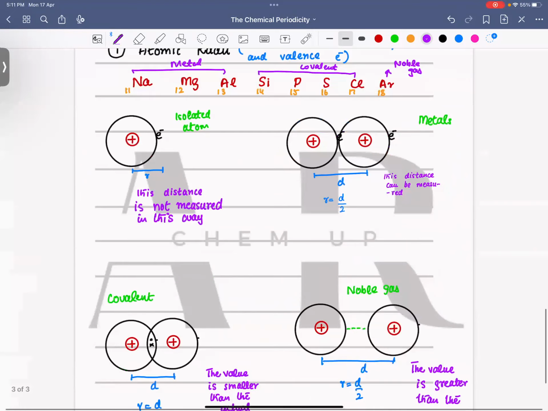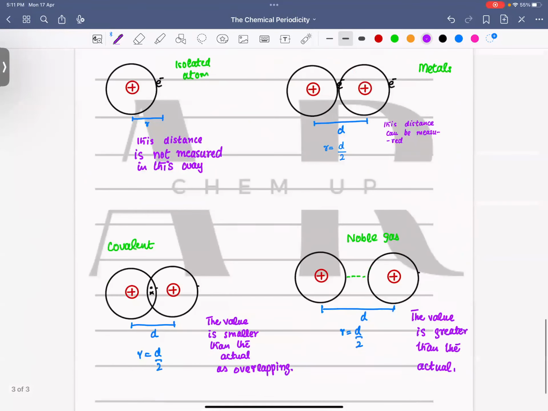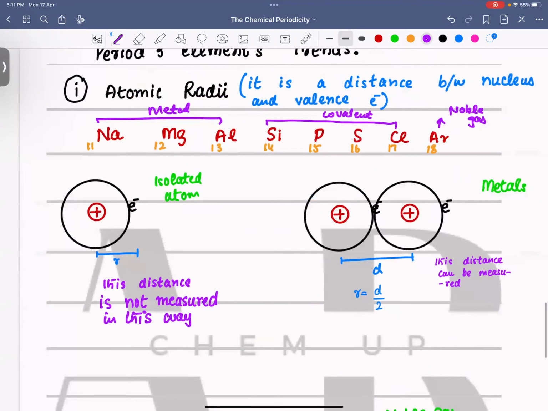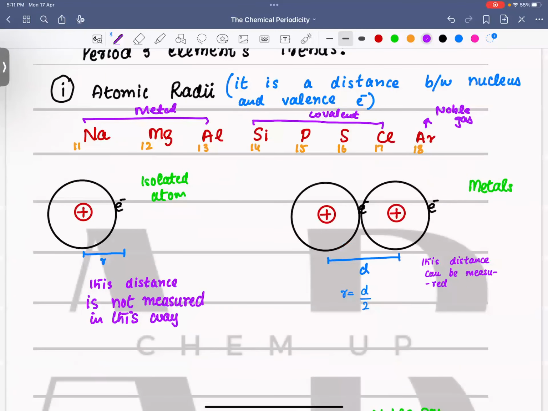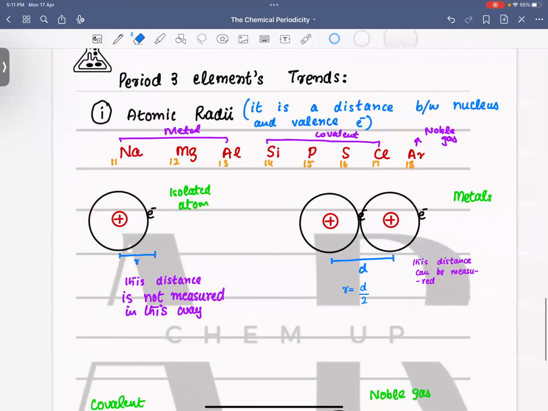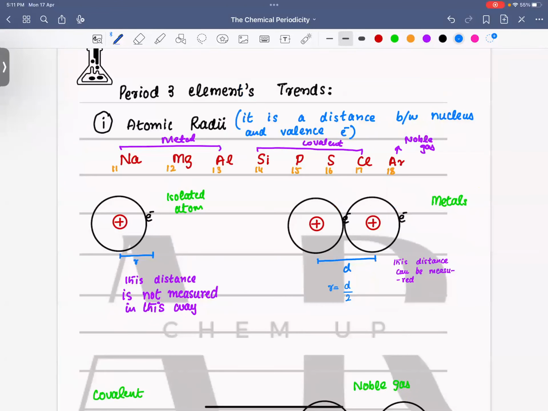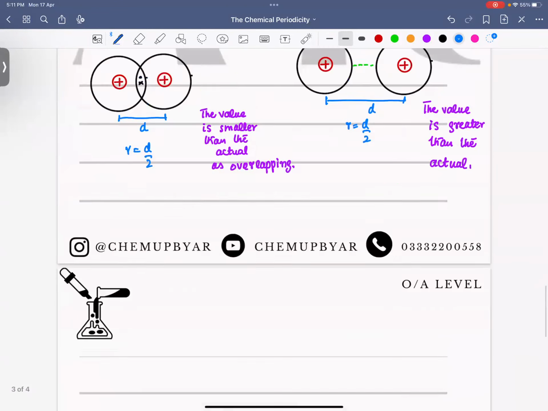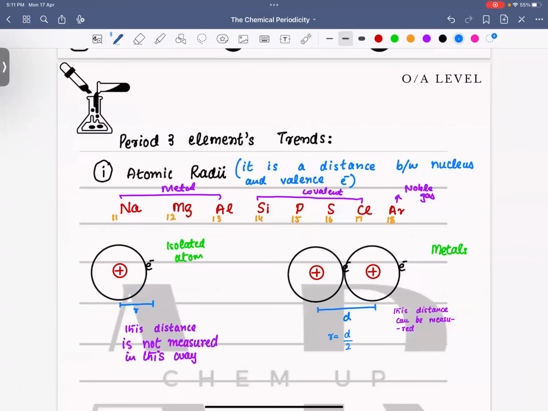But another important thing to note over here: moving from sodium to magnesium and magnesium to aluminium and so on in the periodic table, which value is actually increasing? Atomic number. And what does atomic number refer to? Number of protons.